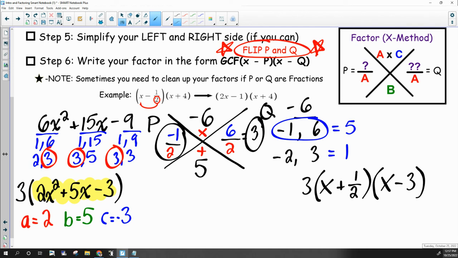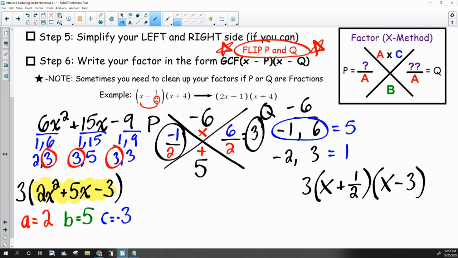Now this is almost perfect factored form. But we do not like yucky fractions. We do not like them. This is called the Schwoope method. It's fun to say, Schwoope. Because all you're going to do, like this example, x + 1/2, we take the 2, and we Schwoope it in front of the x to become 2x + 1.